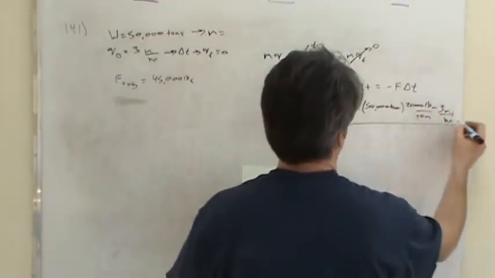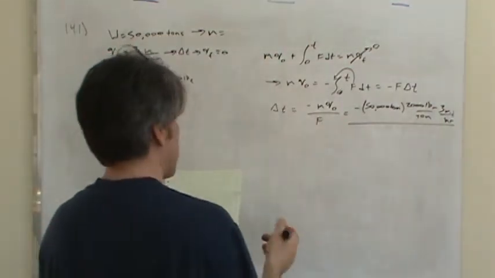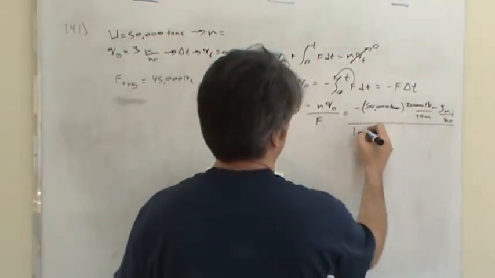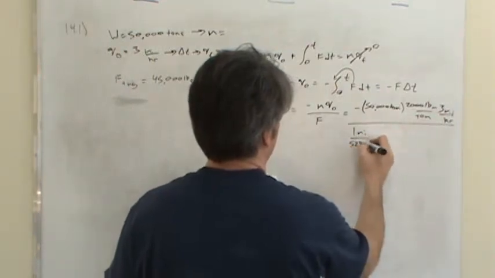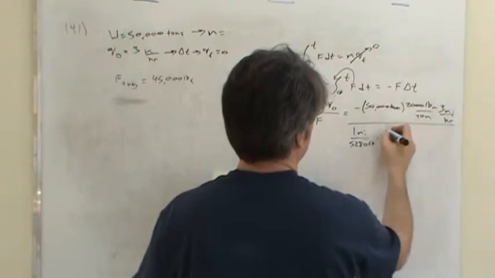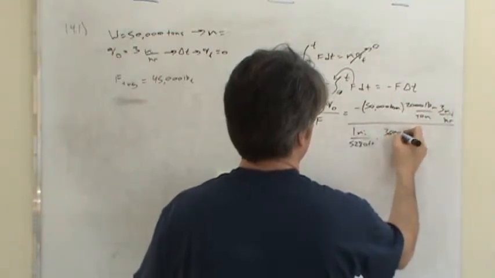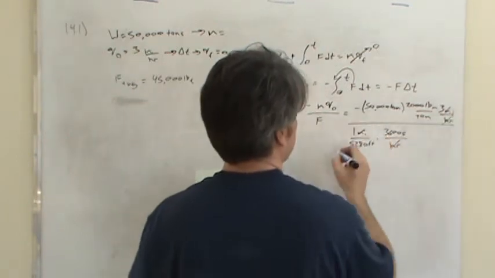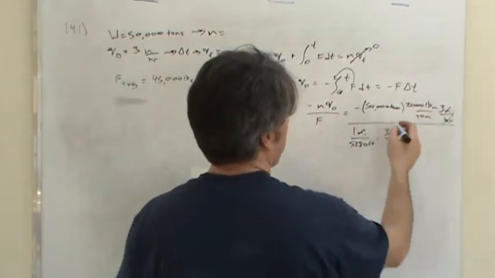I'm out of space, so I'll have to put the conversion factor for the miles and hours in the denominator, but that's pretty straightforward. There's 1 mile per 5280 feet, and we'll want 3,600 seconds per hour. That way the hours go away, the miles go away, and the tons go away.